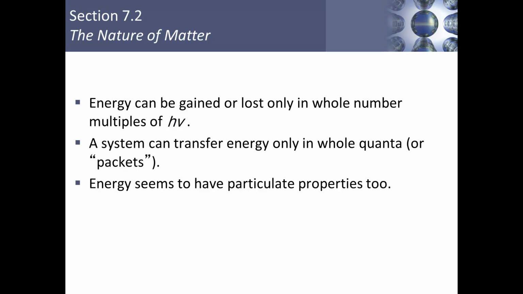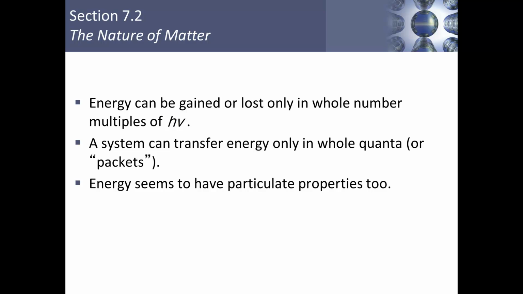The value for Planck's constant h is 6.626 times 10 to the minus 34 joules times second. A system can transfer energy only in these whole number integer values, which are called quanta, or wave packets.